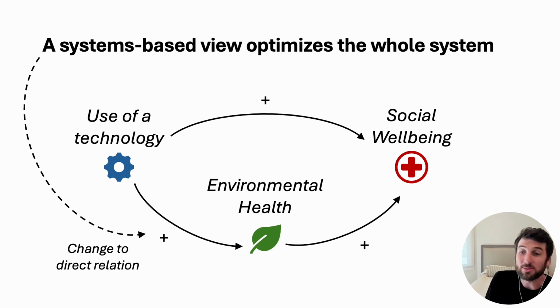So what if it's possible to use a technology that improves social well-being, but also doesn't harm the environment? There's a direct relation. Perhaps this could be renewable energy, where it can provide a lot of the same benefits we were just talking about with social well-being, but it's not harming the environment. It may even contribute to the environment.